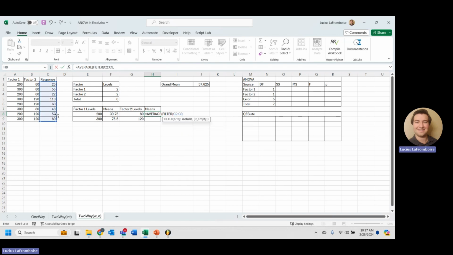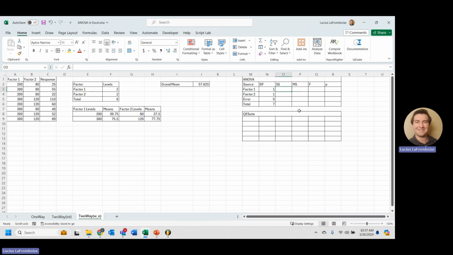Average of the filtered response array, so filter our response based on whether or not factor 2 equals this level, and then close that up. Again, we're going to take the average of the filtered array of our responses, whether or not factor 2 equals 120, and close that up.